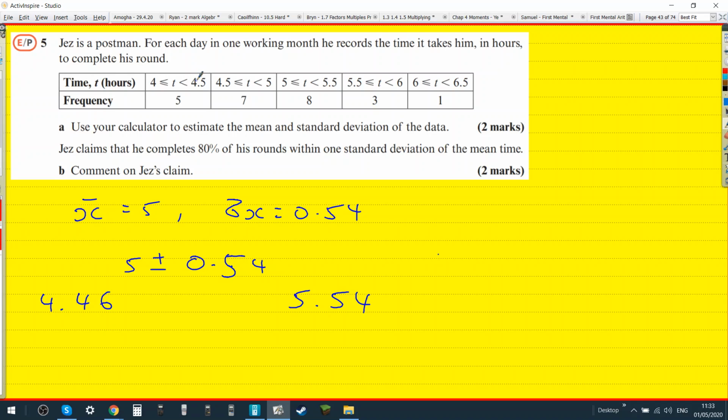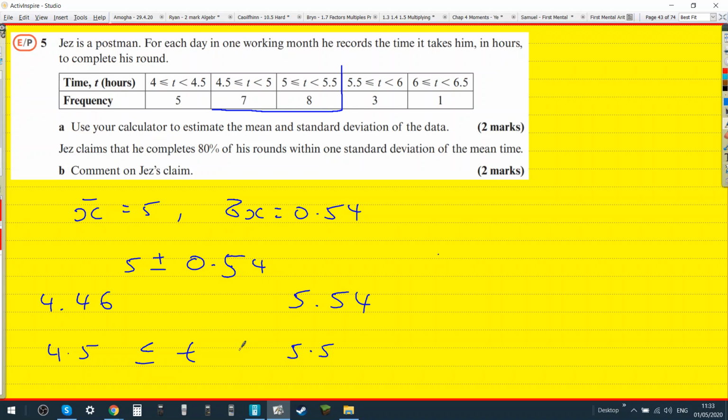Yeah. And then 5.54 is definitely most of this one, but it's almost none of this one. I think yes, they rounded this data to 1 decimal place. So if we were to round our one to 1 decimal place, we'd get 4.5 and 5.5.